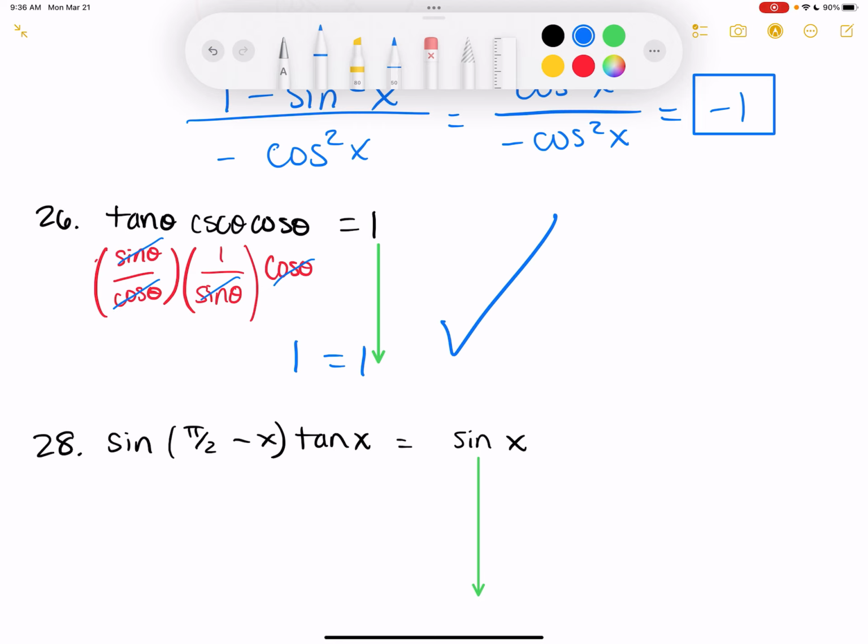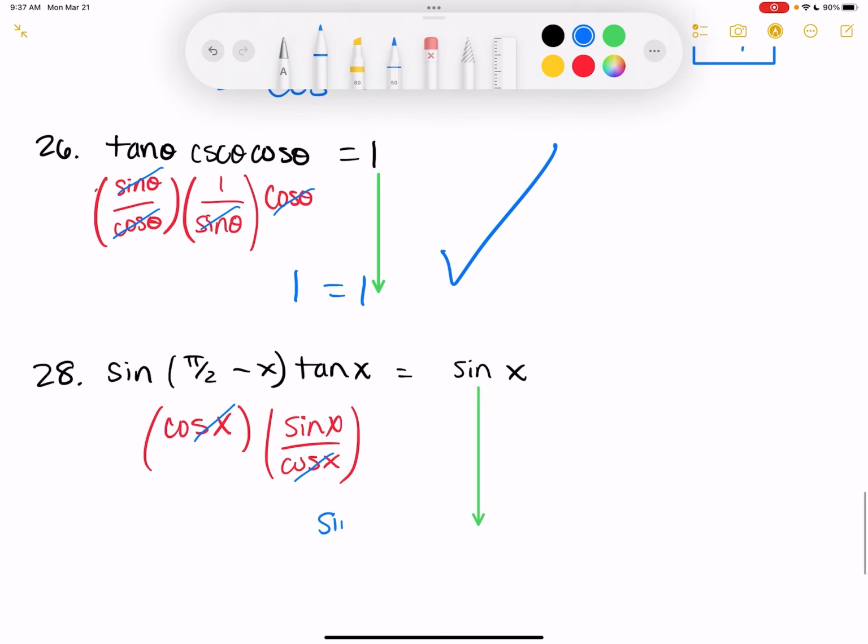The sine of pi over 2 minus x equals cosine, so this is cosine of x. And then tangent would be sine over cosine, sine x over cosine x. So then cosines cancel, leaves you with sine of x equals sine of x. That was great. Check mark symbolizes that you verified it correctly.